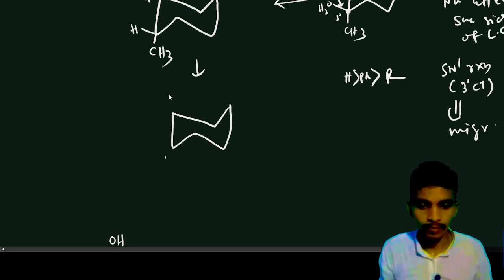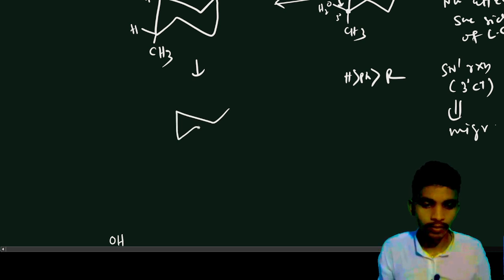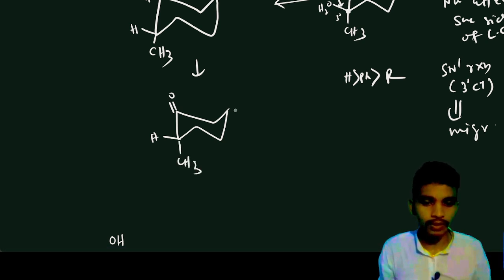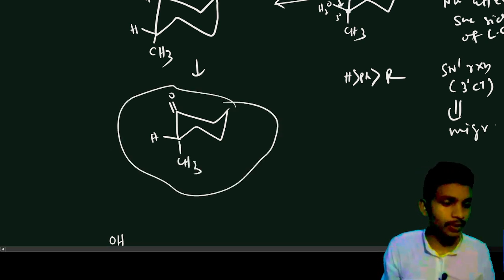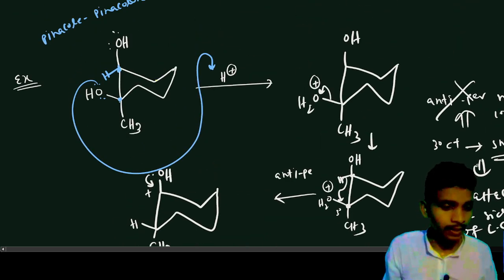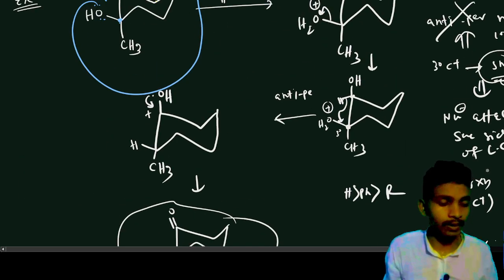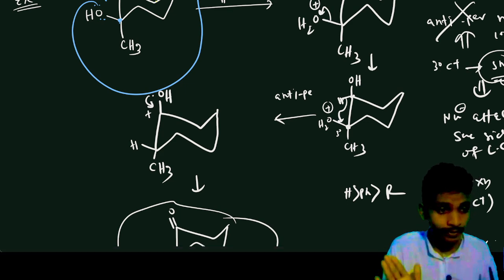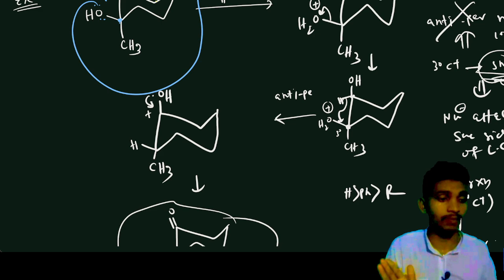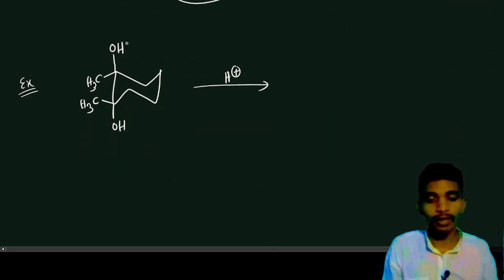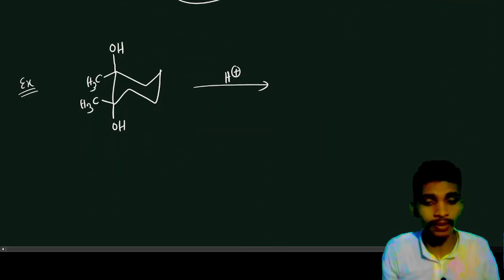This is going to be the double bond, and here we have H and CH3. So this is the final answer. If a 3-degree carbocation is present, it goes by SN1 reaction, and we will not look at the anti-periplanar system; it does not apply here, because this goes through an SN1 reaction. Similarly, we can solve another very interesting question.